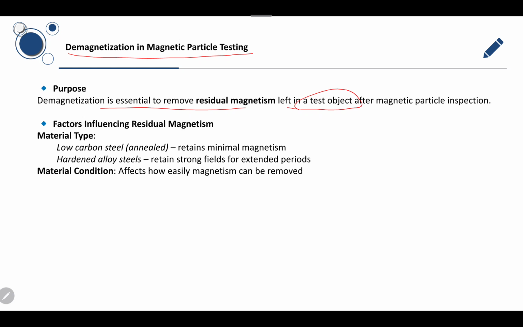After magnetic particle inspection, why is this important? Residual magnetism can interfere with subsequent operations like machining, welding, or even accurate instrument readings. So it causes false indication in later inspection.